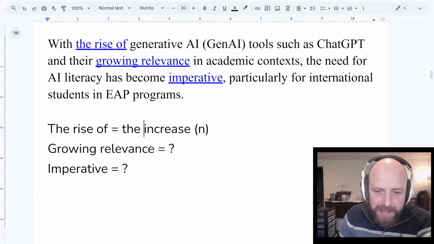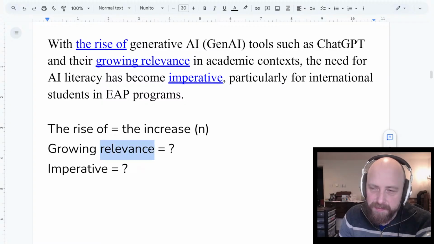Sleepwalker says popularity. I think we need something more than that, Sleepwalker. Because what is the idea of growing? And what about relevance? What does it mean to say that something is relevant? So growing relevance. Their growing relevance in academic contexts.